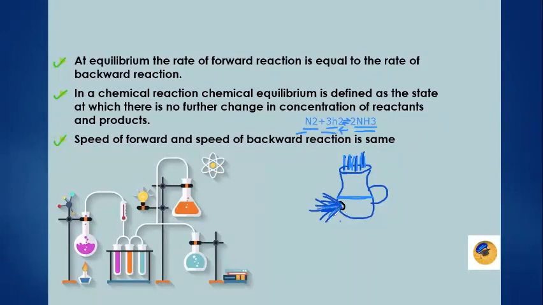Likewise, the concentrations of all the reactants and products will remain the same. The speed of the forward reaction and the speed of the backward reaction are the same at the state of equilibrium.